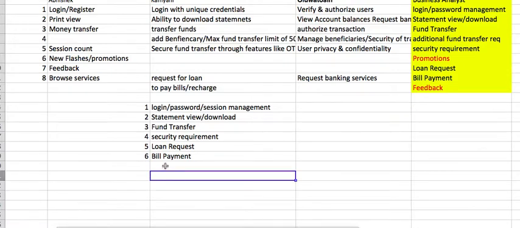98 to 2000 is the time frame, and when the operations head wants to introduce an online banking solution, he has to talk to various stakeholders. We discussed with different stakeholders, elicited the requirements, and put them together.